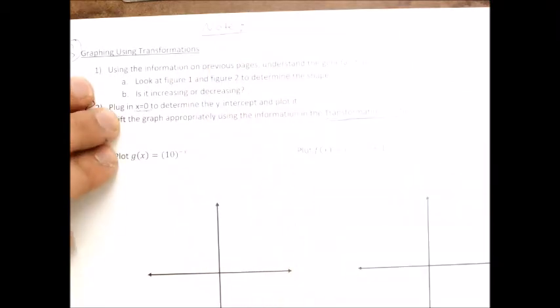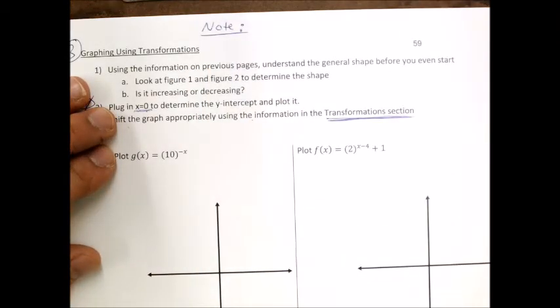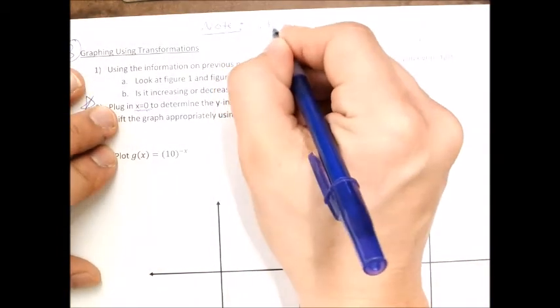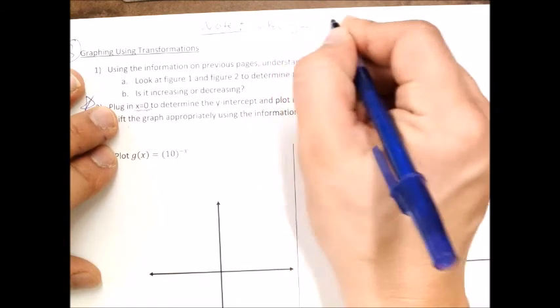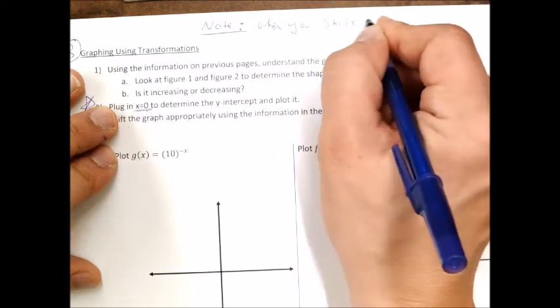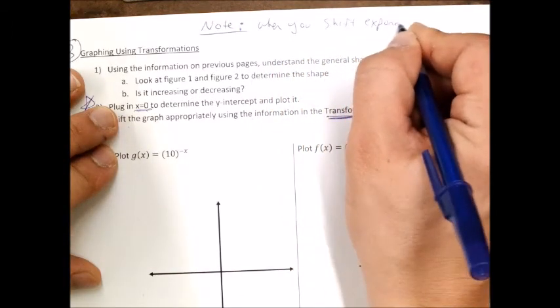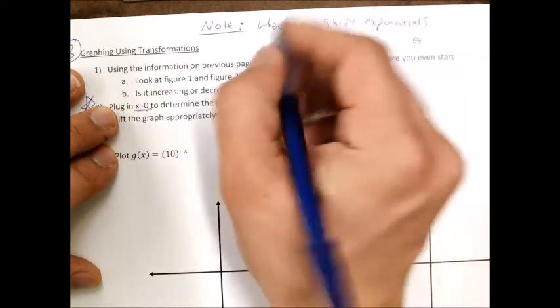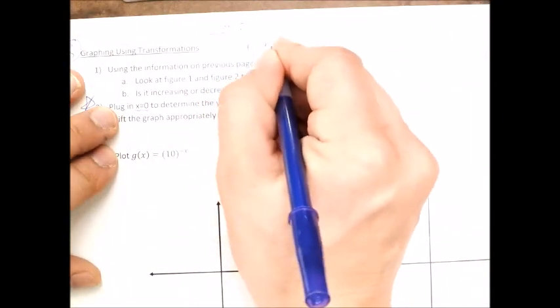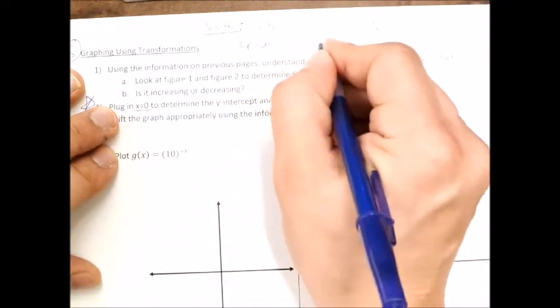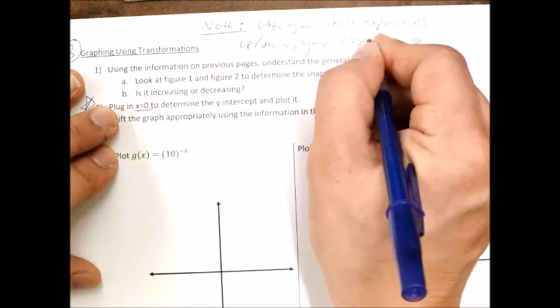These things have a horizontal asymptote. And so if we shift up or down, then the horizontal asymptote moves with it. So let's write that. When you shift exponentials up or down, the y equals 0 asymptote moves with it.